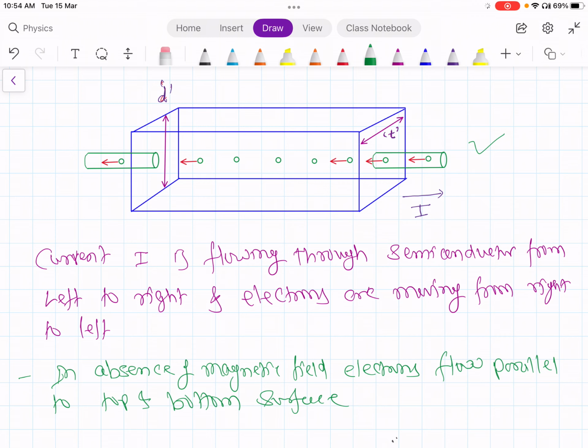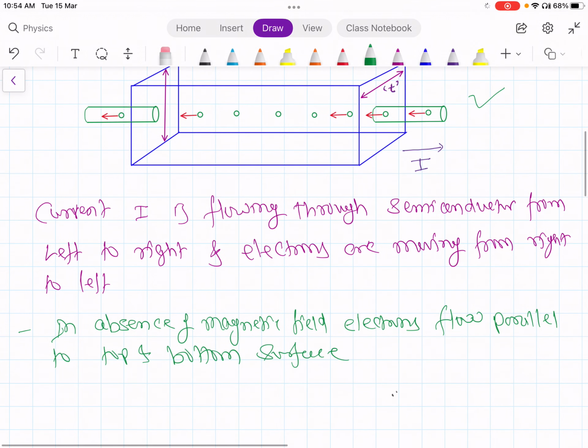As you can see, the electrons are moving from right to left, which is parallel to the top and bottom surface. What happens when magnetic field is applied?